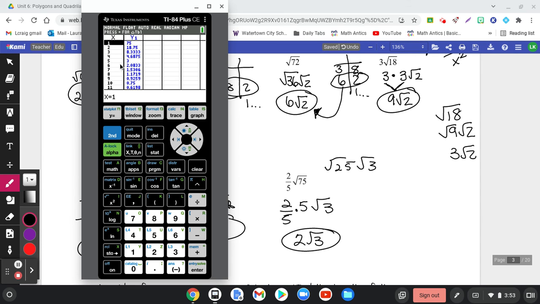Second table, 5 3 is what it is. And now I have that 2/5 out front to multiply by. If you're not good with fractions, just type it in. Alpha y equals, for your fraction, 2/5 times 5. Just 2 radical 3, like I have.